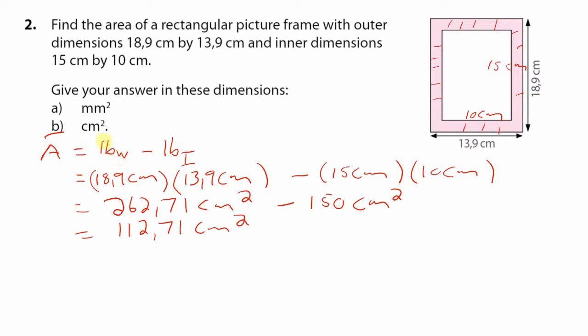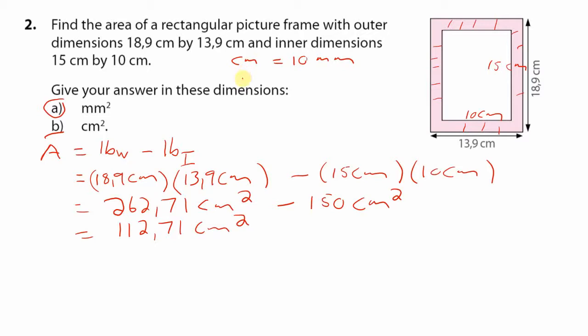Now let's calculate the A portion. So we first need to know what the relationship is between a centimeter and a millimeter. How many millimeters are there in 1 centimeter? Yeah, 10 millimeter in 1 centimeter. But we have centimeter squared, so we are not interested in centimeter, we are interested in centimeter squared.